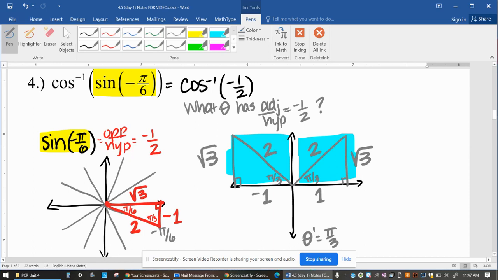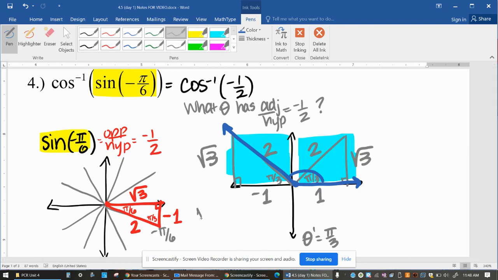Okay. So this is the angle that we want, the one that ends in quadrant 2, because we wanted the ratio of adjacent over hypotenuse to be negative a half. So I had to go to the left and then use the hypotenuse, okay? So the reference angle is pi over 3.